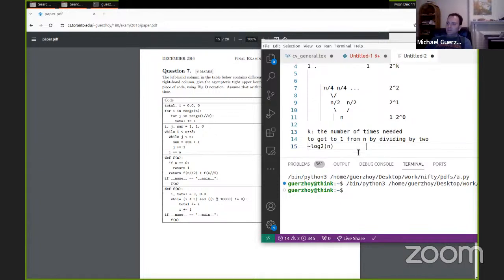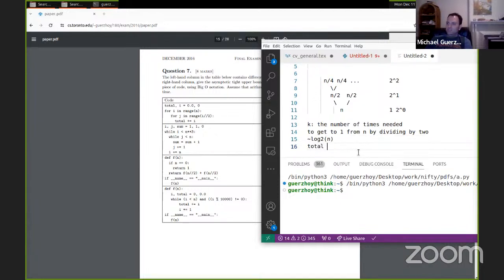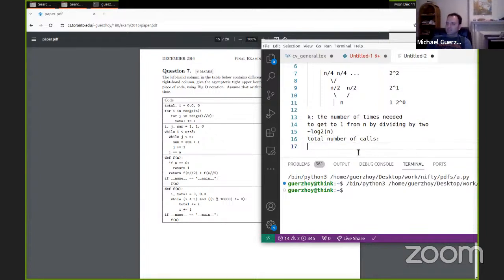So the total number of calls is 2 to the 0 plus 2 to the 1 plus ... plus 2 to the log n. And this is something we've done in lecture several times. That turns out to be 2n minus 1.